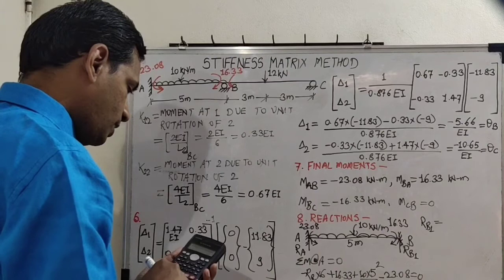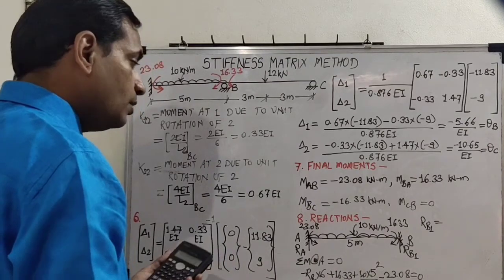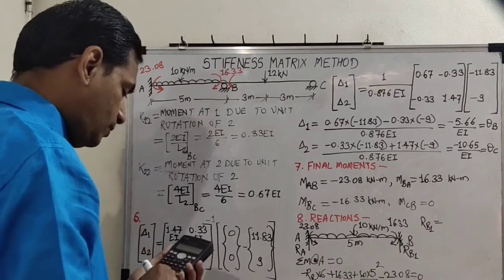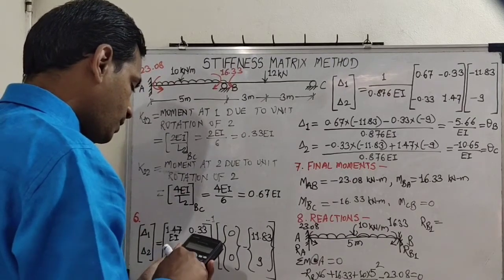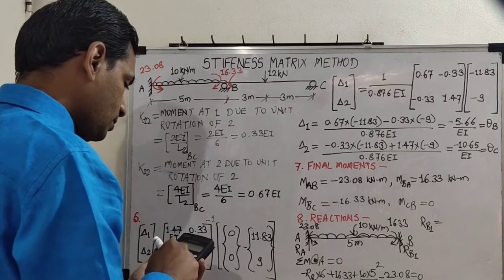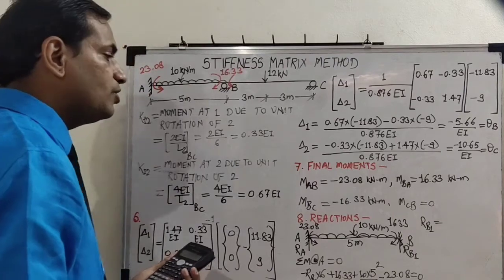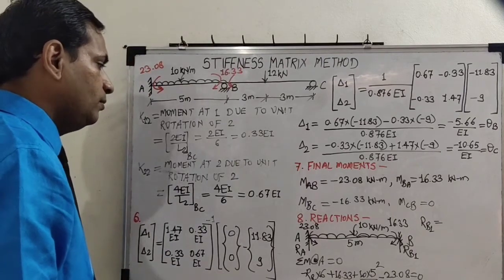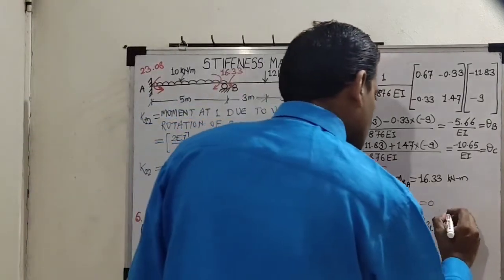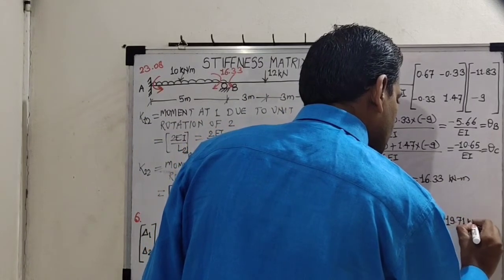So 16.33 plus 10 into 5 square by 2 minus 23.08 upon 6. So answer is 19.71. RB1 value is 19.71 kilonewton.